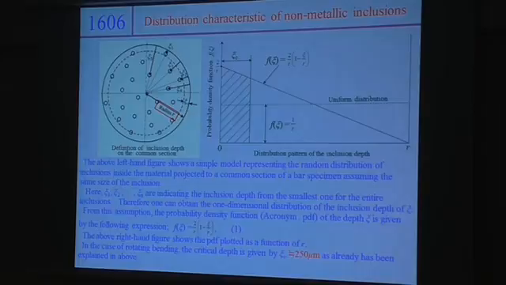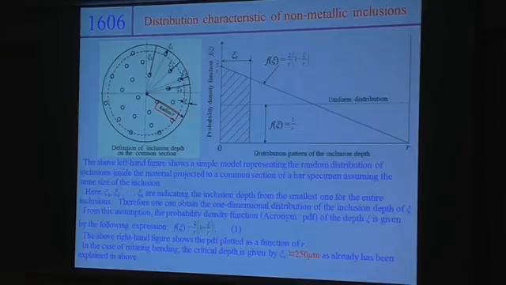The above left-hand figure shows a simple model representing the random distribution of inclusions inside the material projected to a common section of a bar specimen, assuming the same size of the inclusion. Here, xi1, xi2, xin indicate the inclusion depth from the smallest one for the entire inclusions.